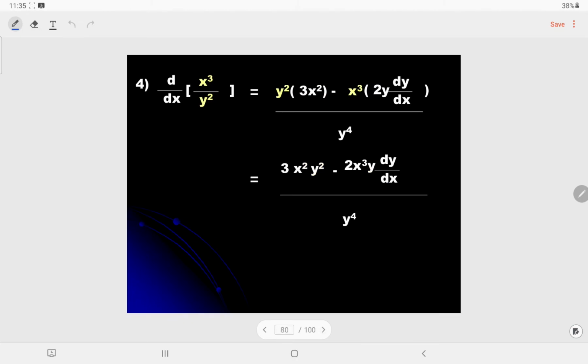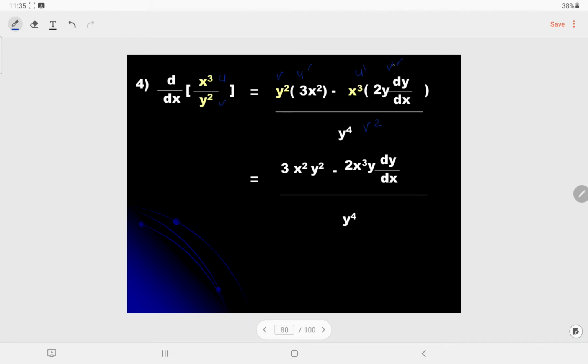Next, differentiate x cubed over y squared with respect to x. Since it is a quotient, we need to use the quotient rule. The numerator is u and the denominator is v: v u prime minus u v prime over v squared. For v u prime, we find the derivative of u, which is 3x squared.